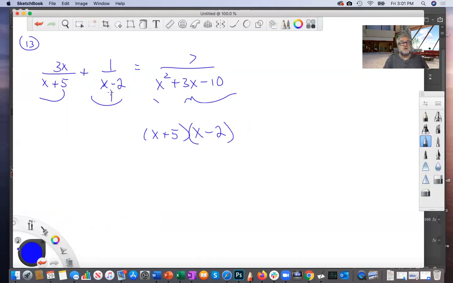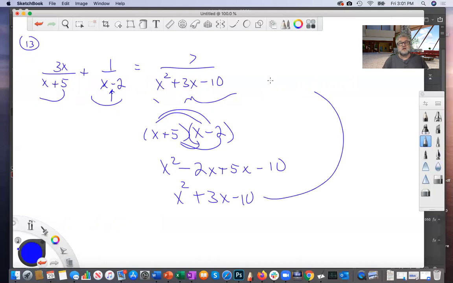It's a minus sign here, and I wrote a plus sign. So first 2, x squared, outside 2, minus 2x, inside 2, plus 5x, last 2, minus 10. X squared plus 3x minus 10. Oh, look at that. It's the same as that. What a coincidence. It's almost always the case, or else you can't solve these things.